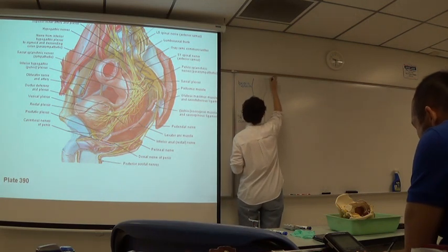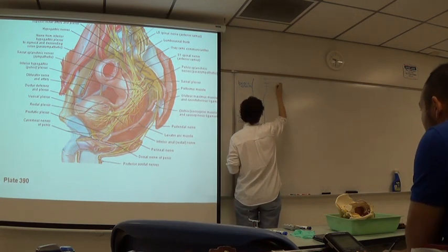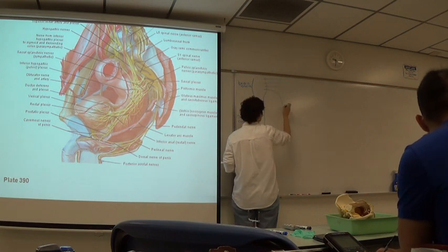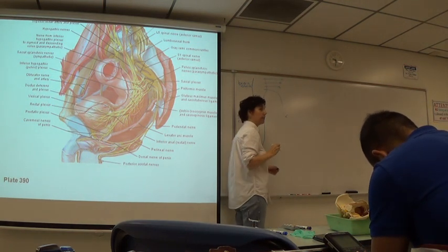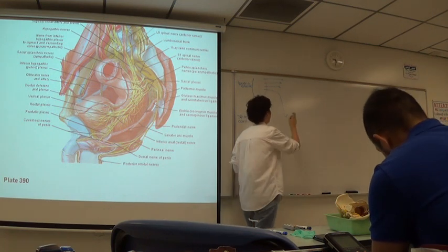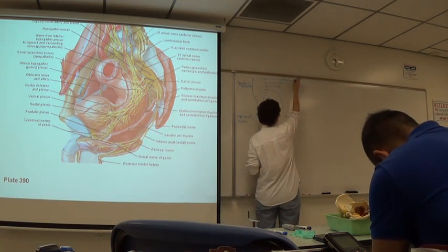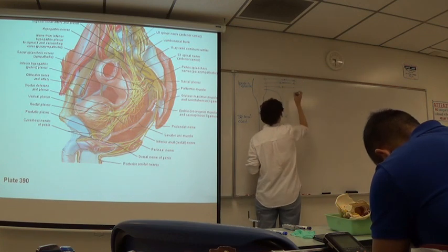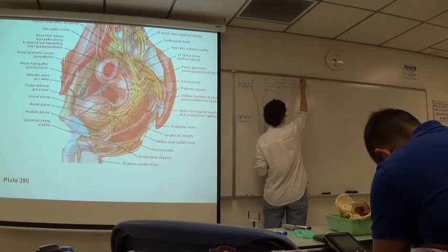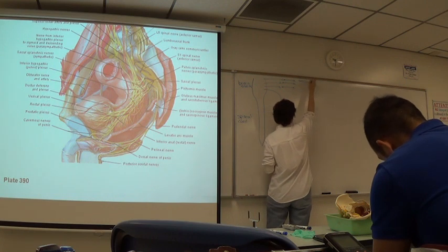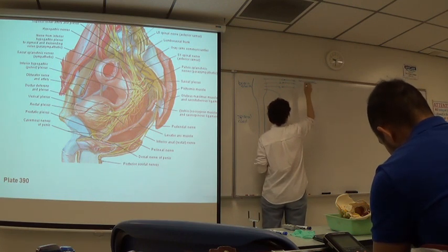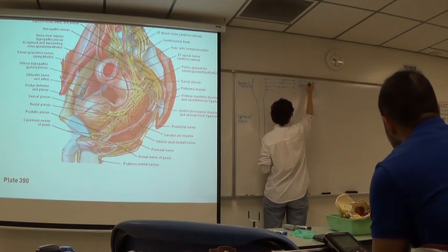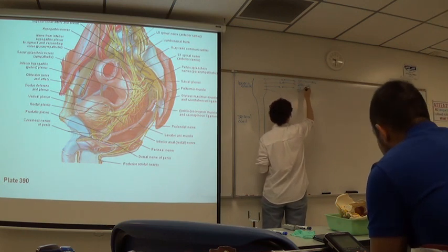And so we have preganglionic fibers from the brainstem that are parasympathetic, and postganglionic fibers going to the actual organ to be innervated. So this is the oculomotor nerve, facial, and glossopharyngeal.